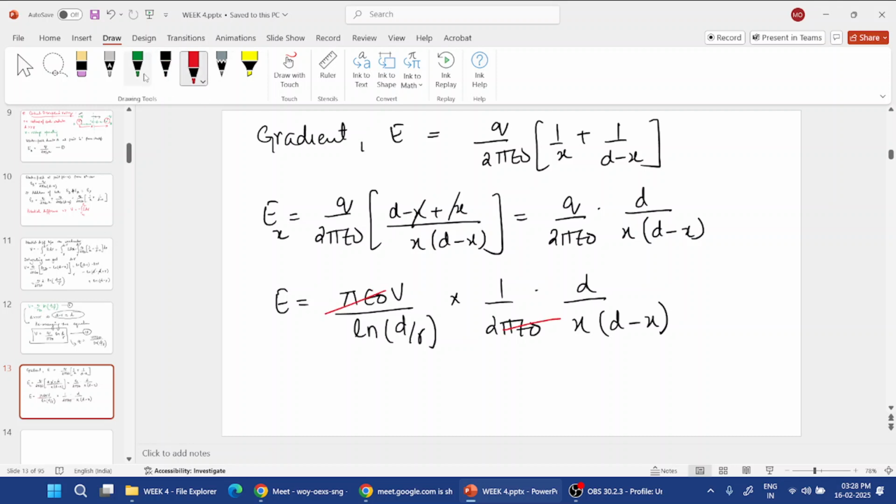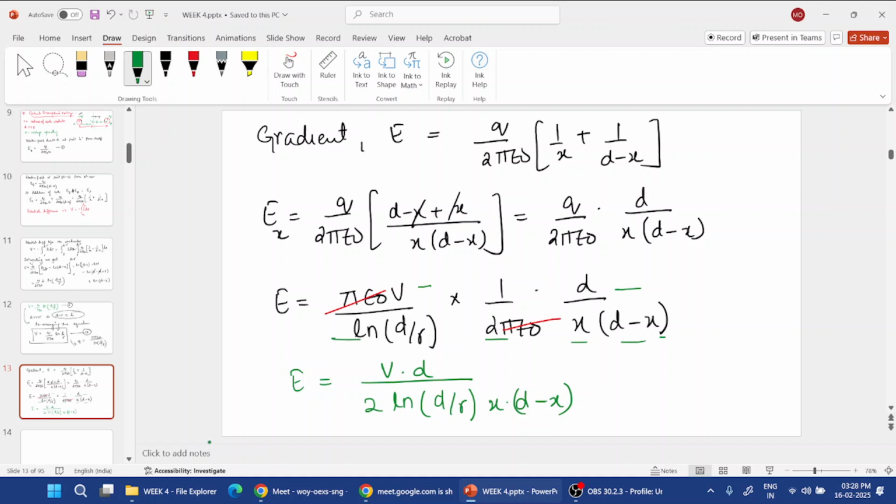So basically, finally, E comes out to be V·d/(2 log(d/r) · x(d−x)). These terms are leftovers.